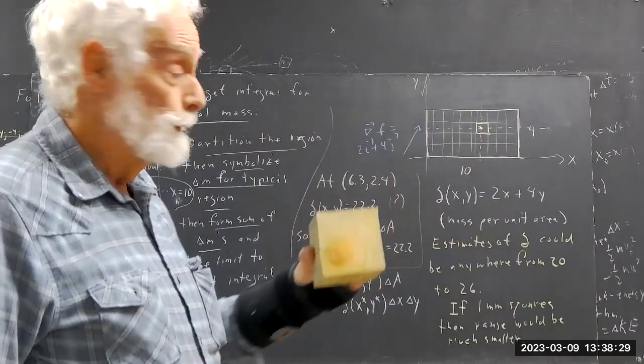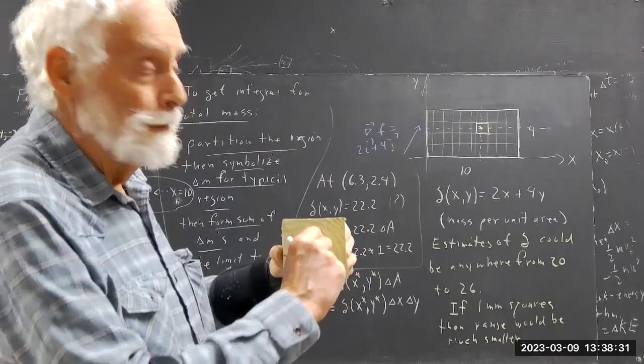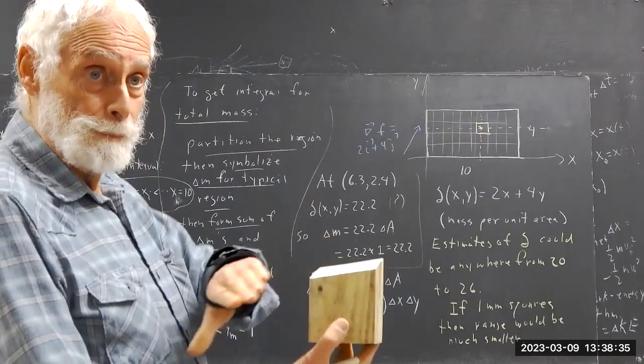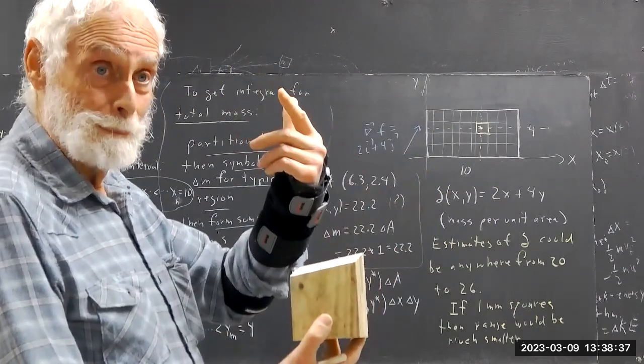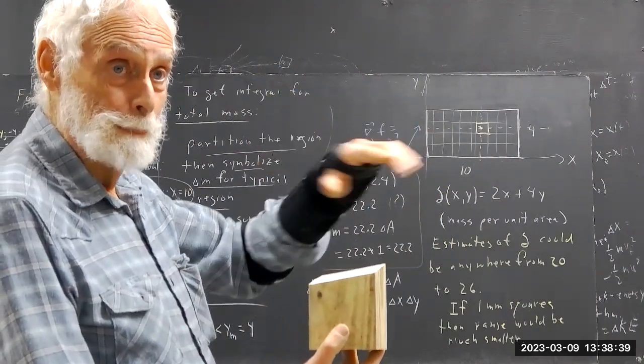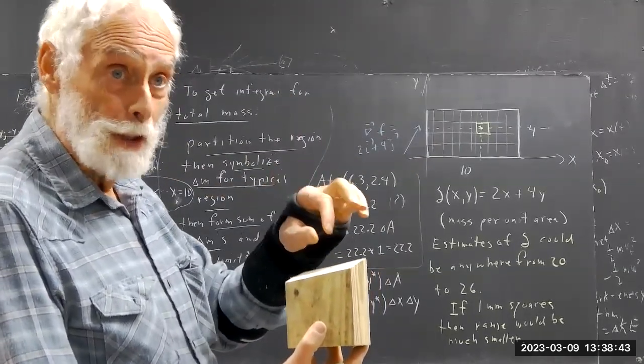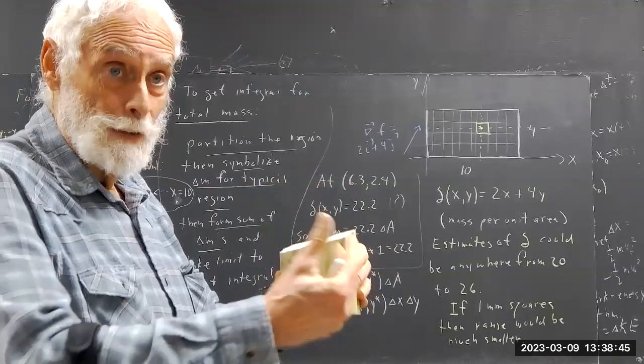Then I get little cylinders. Each little cylinder still has the same slope, but the altitude isn't going to change very much if I divide this up into 40 little rectangles like that.